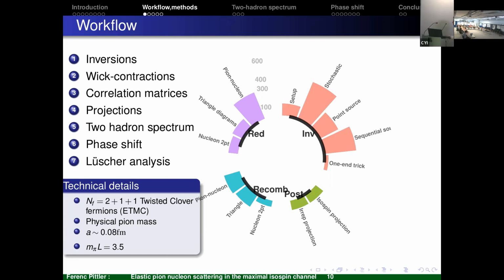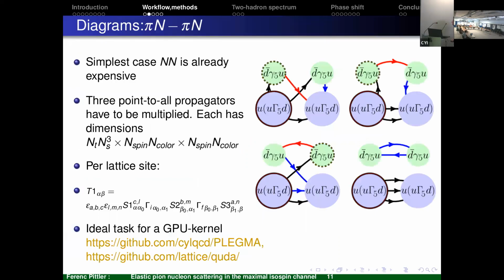The recombination part is also quite expensive, but not that much. And the cheapest one is the post-production, of course. For this kind of thing, we use supercomputers and codes that I will talk about now.